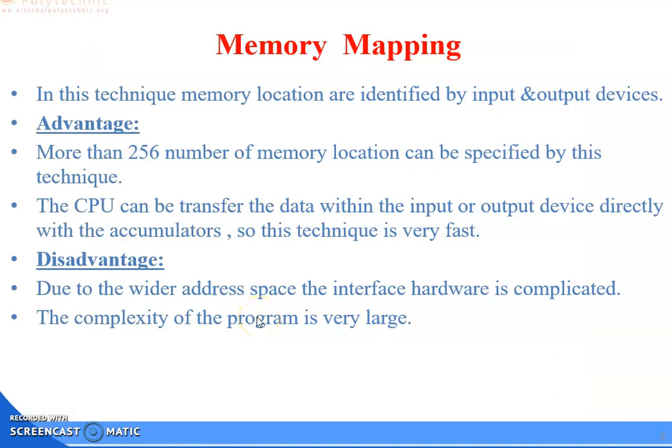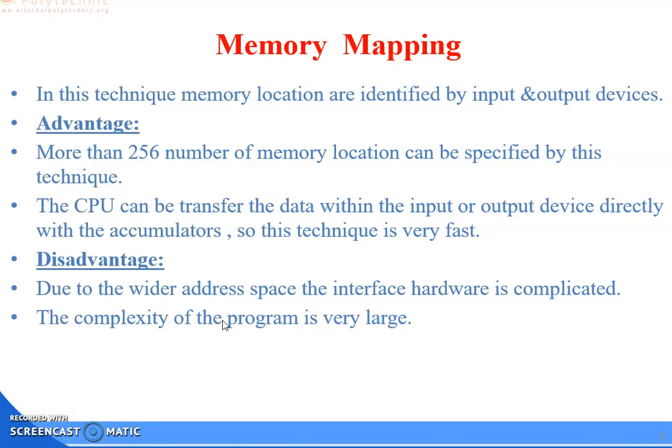Next, we'll discuss memory mapping. Memory mapping is the technique in which memory locations are identified by input and output devices. The advantages of memory mapping are that more than 256 memory locations can be specified by this technique.